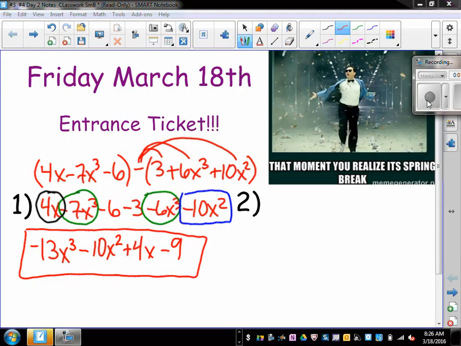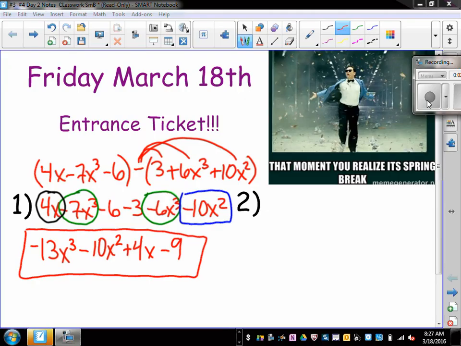So again, if you see this problem on your entrance ticket, this is the one you're grading. If you don't see this problem, then it's number 2.